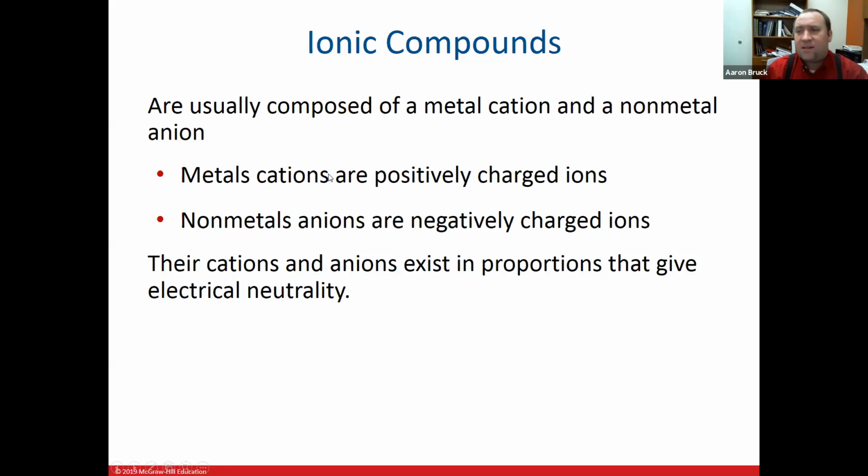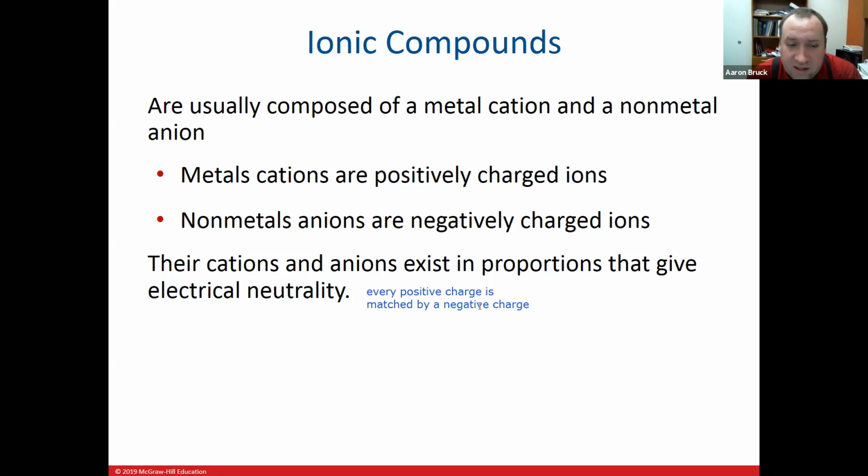Now, these charged particles have to exist in such a way that we have electronic neutrality. That means that every positive is matched by a negative charge. There are no leftover charges whatsoever.